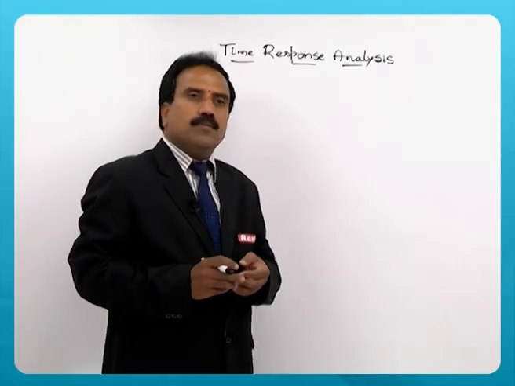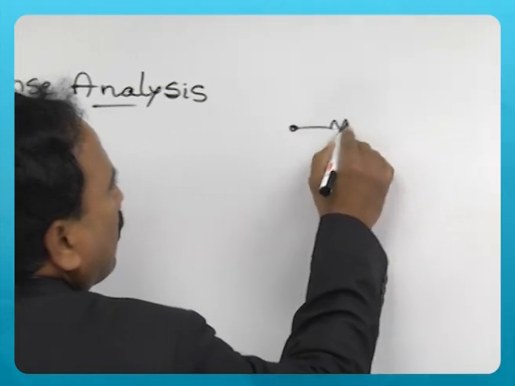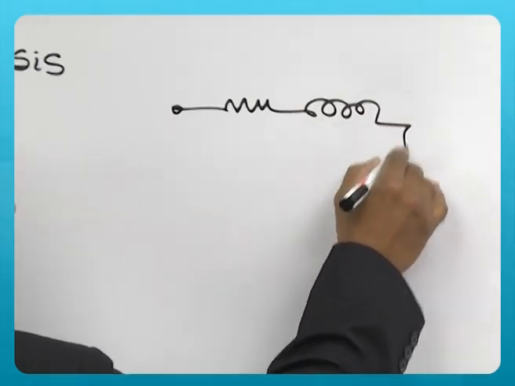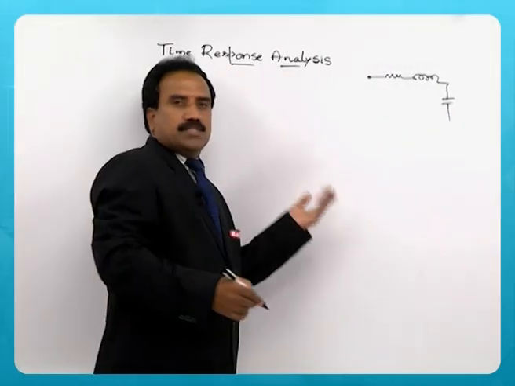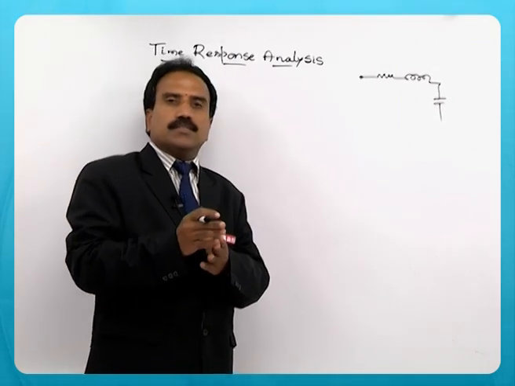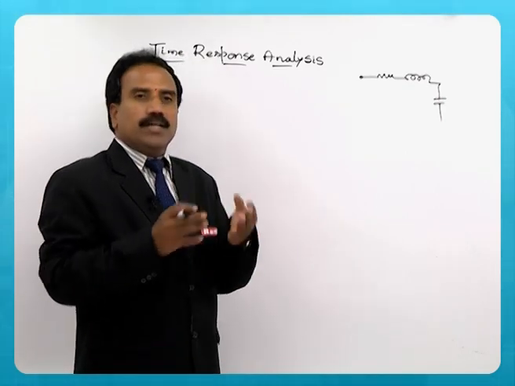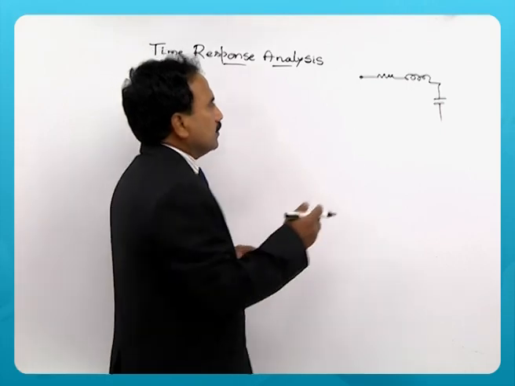Let us consider now a second order system where it consists of R, L and C. In the previous slide we have seen either an inductor or a capacitor alone with a resistor, but now we combine L and C with the R circuit.